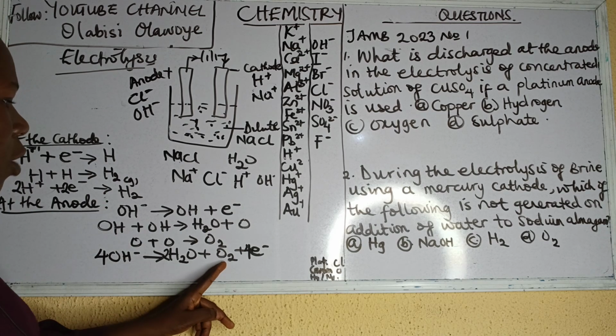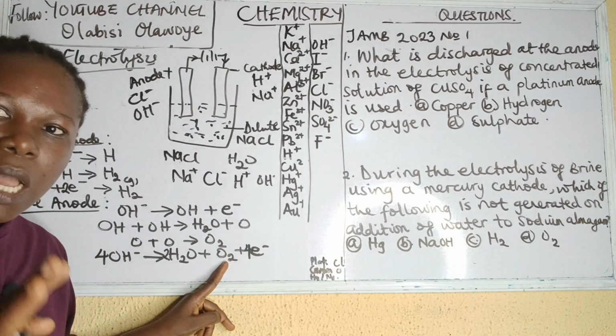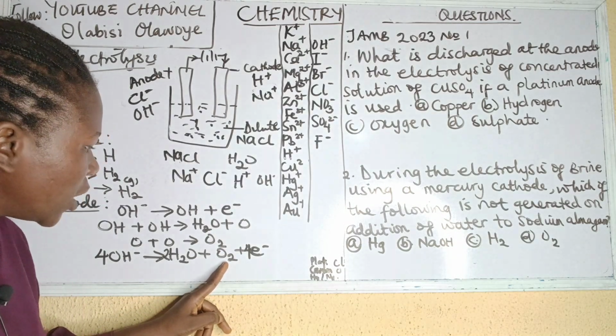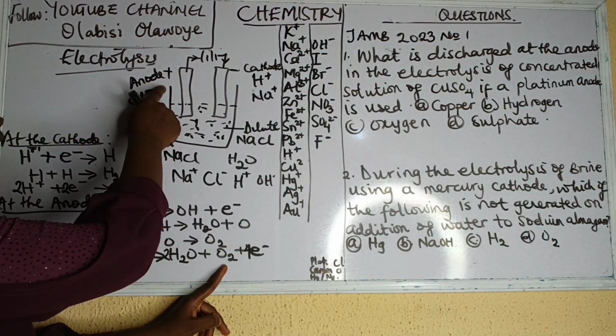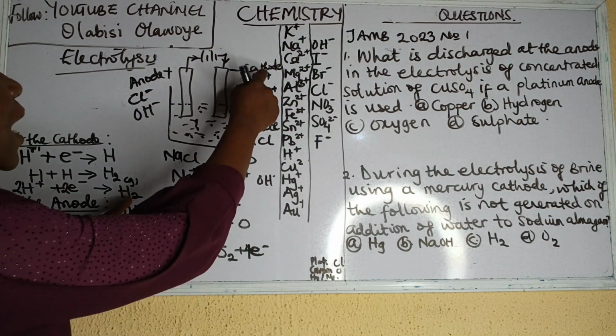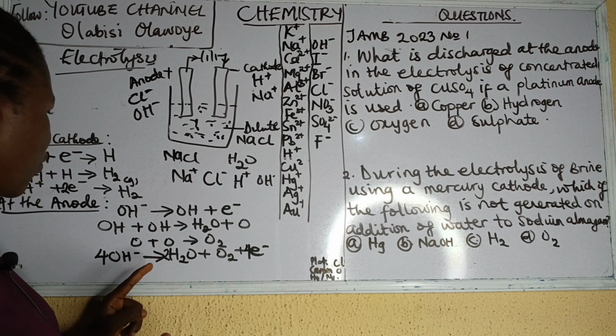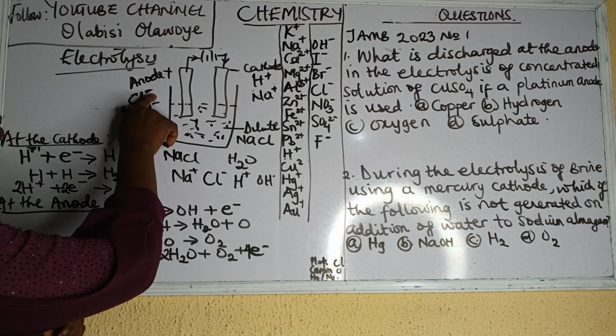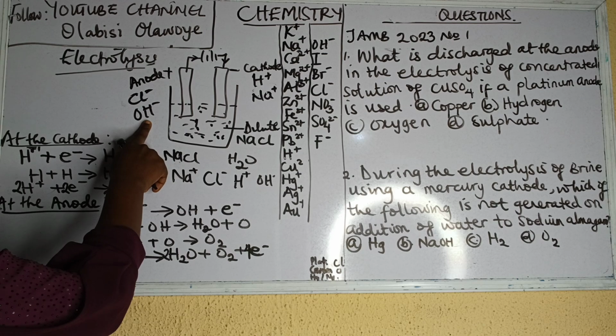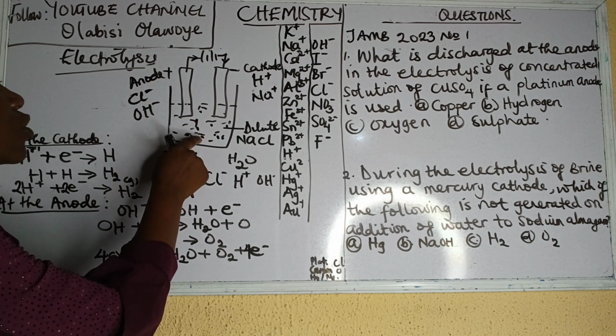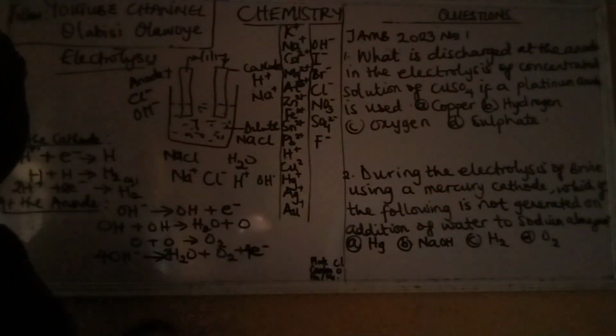Looking at the whole thing, we can see that the only visible particle that we will see here is the oxygen gas that will be liberated at the anode, while hydrogen gas will be liberated at the cathode. Water will go back to solution, and the chloride ion is also going back to solution because hydroxide ion is preferentially discharged.